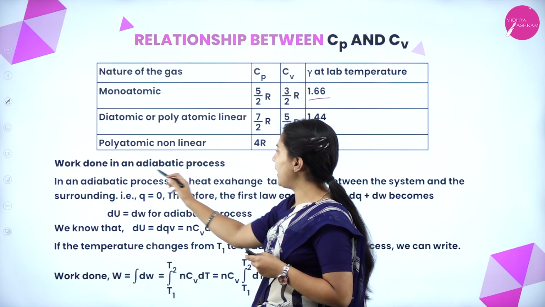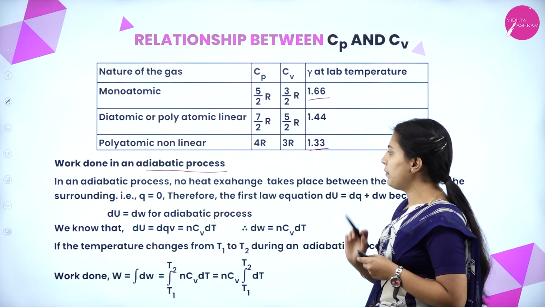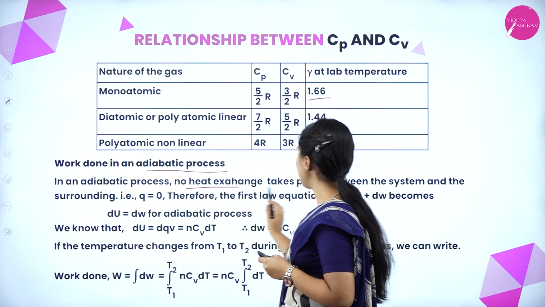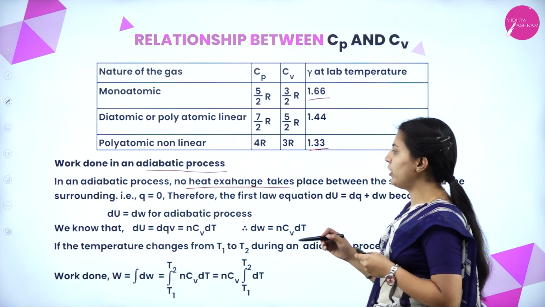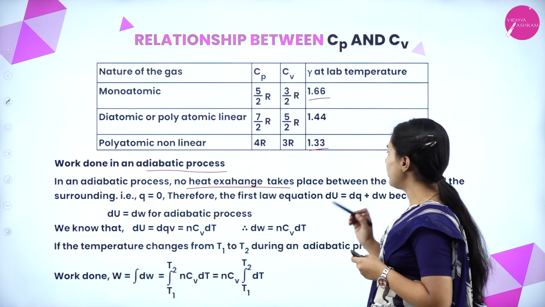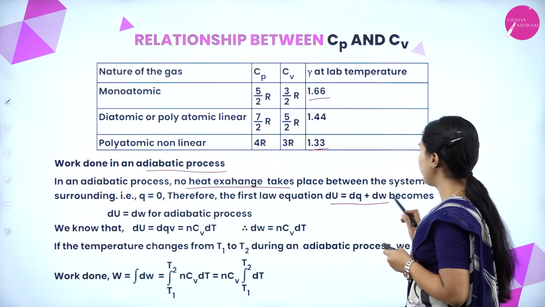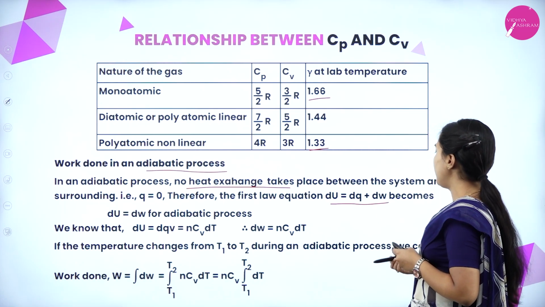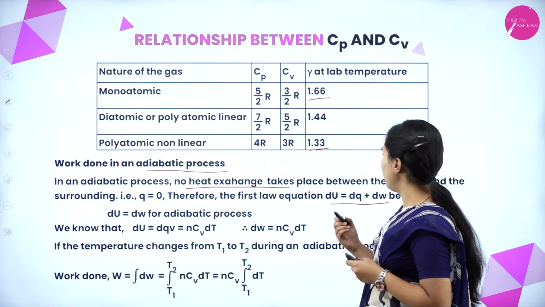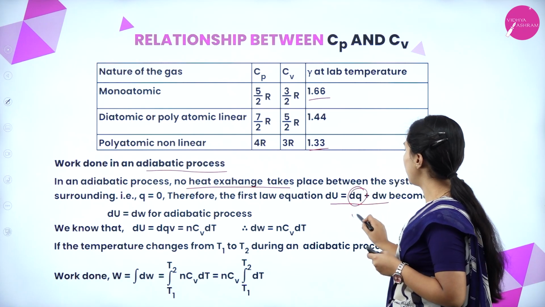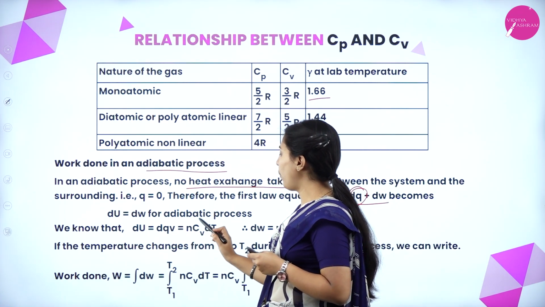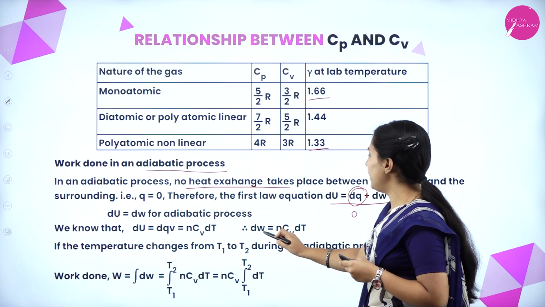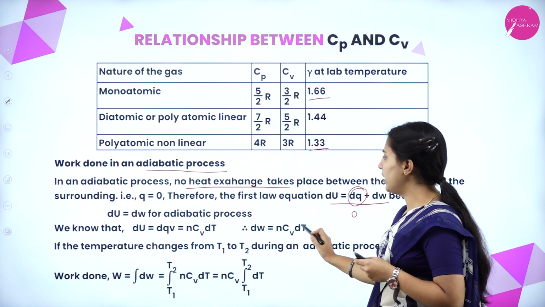Next, work done in an adiabatic process. In an adiabatic process, no heat exchange takes place between the system and surroundings, that is Q equal to 0. Therefore, the first law equation, dU equal to dq plus dw, becomes dU equal to dw, because dq will be 0. We know that ΔU equal to dqv equal to nCv dT.